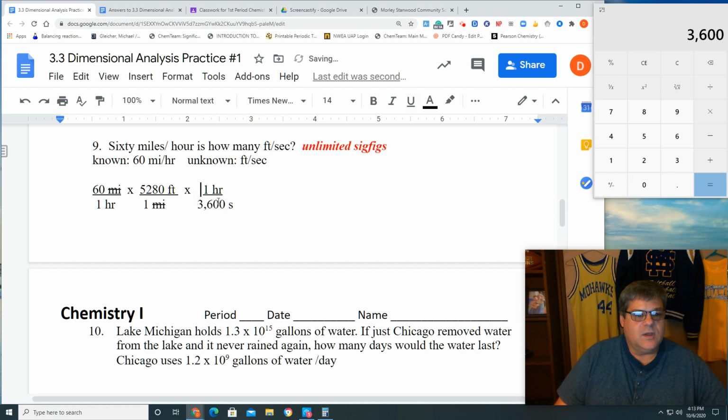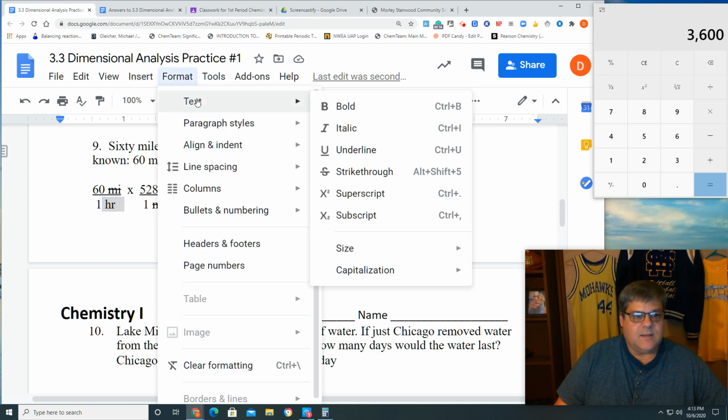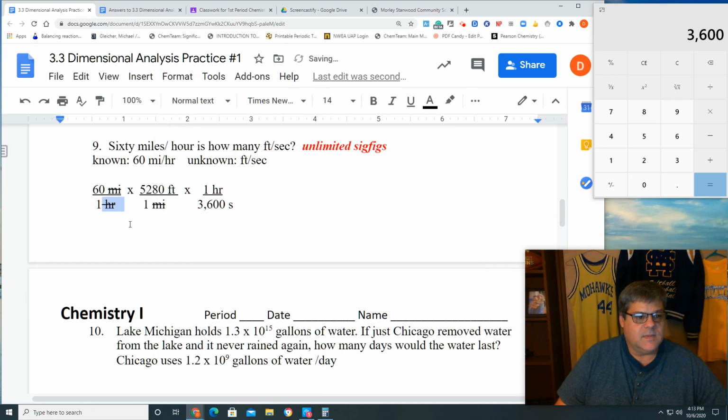We multiplied 60 minutes times 60 seconds, and we came up with that number right there. So now I can get rid of my hours on the bottom. Now notice that it didn't matter that I put it on the bottom, because I had hours on the bottom, so we had to put hours at the top.